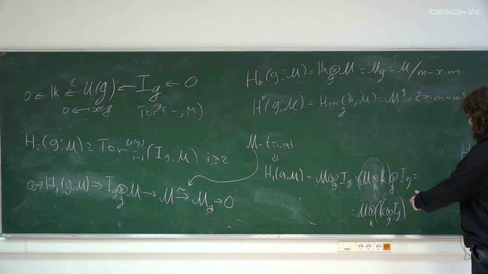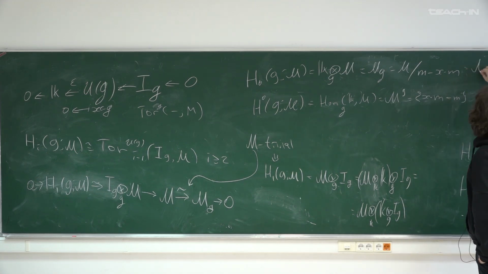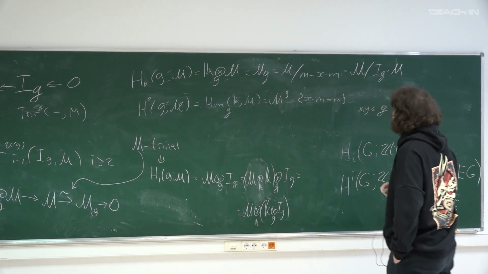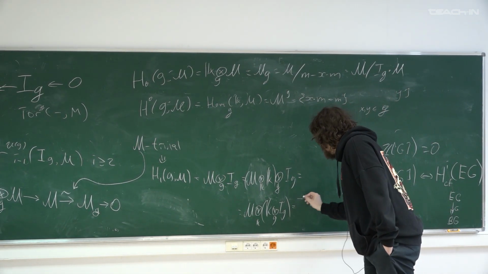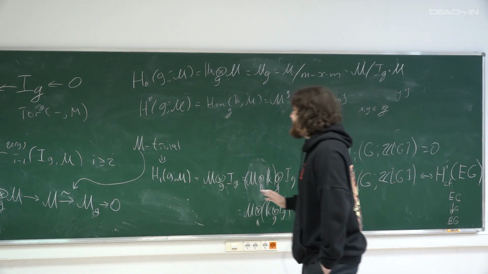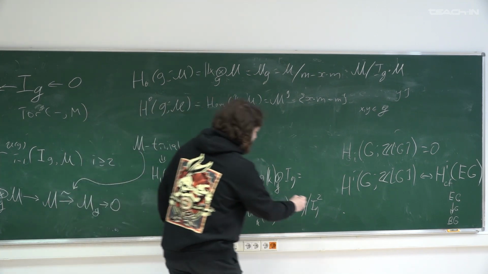This is just the coinvariants of EG itself, and coinvariants is the same thing as M modulo the action of the augmentation ideal from this formula. And so this is the augmentation ideal modulo the augmentation ideal squared. Exactly as for groups. And so, yes, tensor with M.